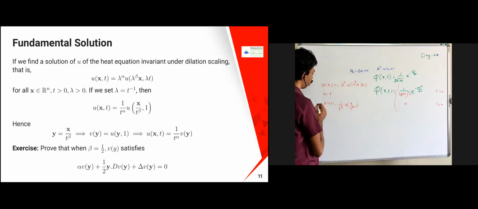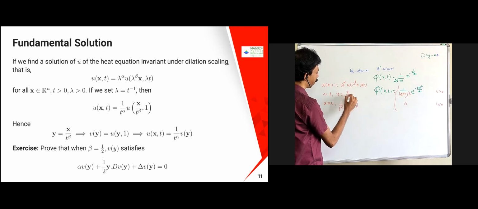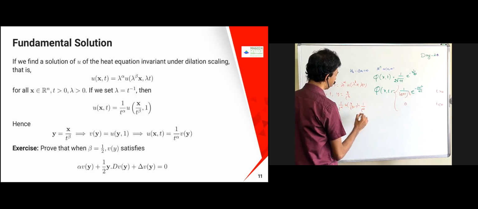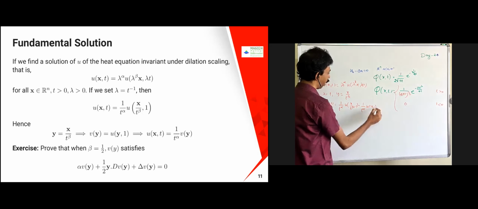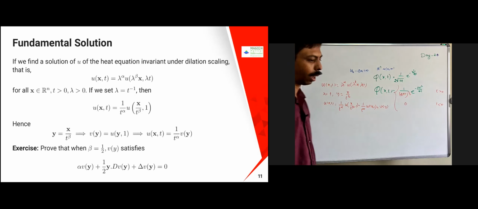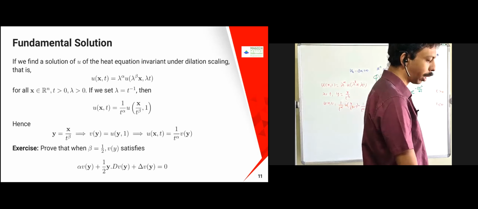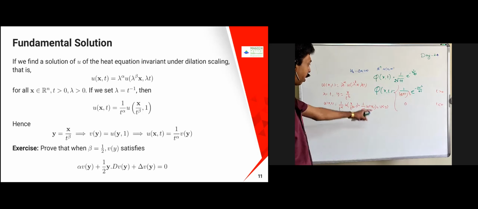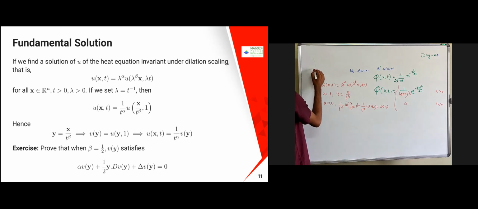So if I substitute y equal to x by t power beta, then this is going to become 1 by t power alpha times u of y comma 1, and I can just claim this as v of y. Then, substituting v of y, where y is nothing but x by t power beta, I have defined v of x comma t as 1 by t power alpha times v of x by t power beta.